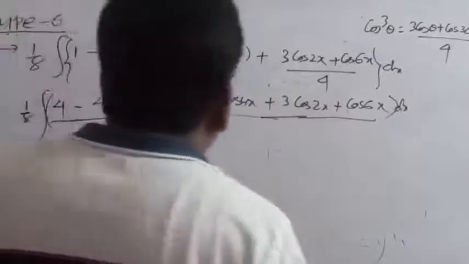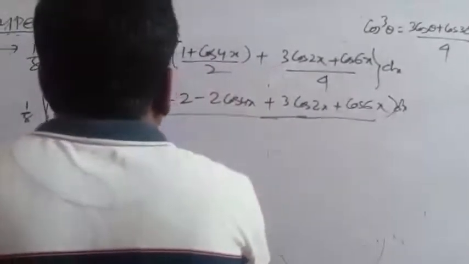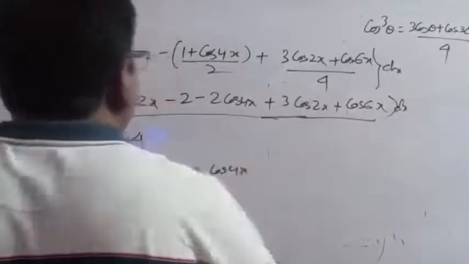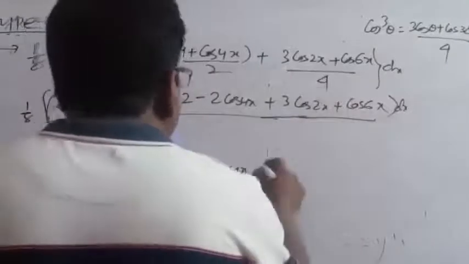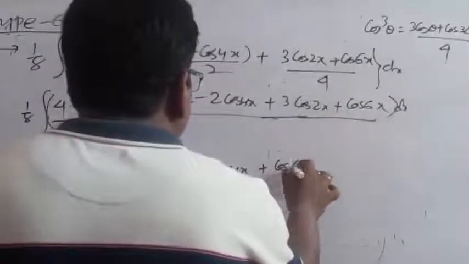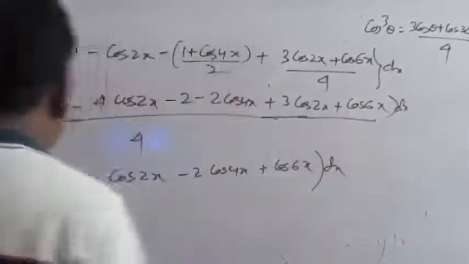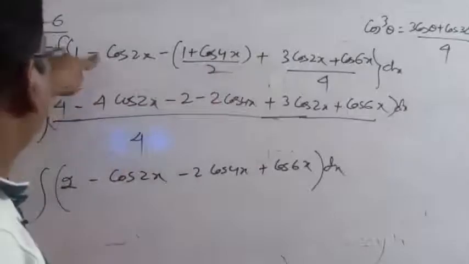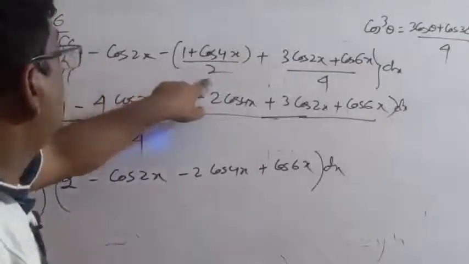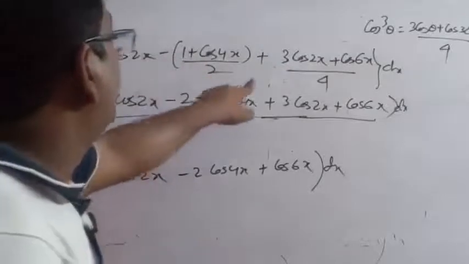And this is minus 2 cos 4x, and this is cos 6x, whole dx. Okay, check again. LCM 4: this is 4 minus 4 cos 2x, this is 2 minus 2 cos 4x, and 3 cos 2x.